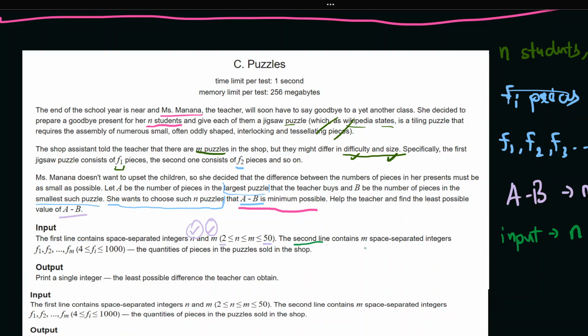And then the second line contains M spaced integers, F1, F2, up to Fm. Okay, so I was wrong here, it is Fm, right? So there are some puzzle pieces.